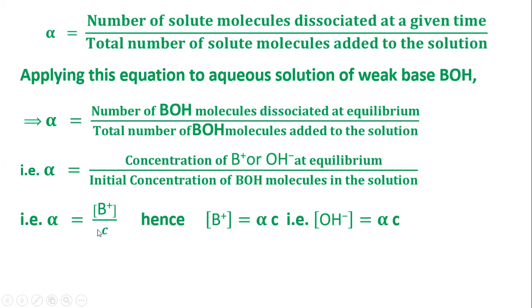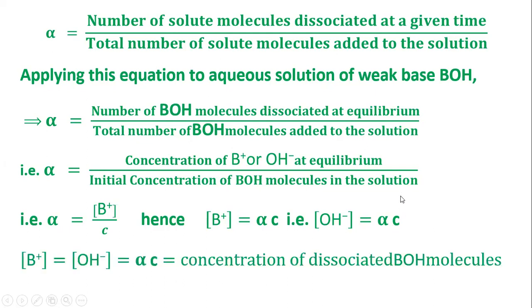Rearranging the equation, we get the concentration of B plus equal to alpha multiplied by C. Now, the same number of OH minus are also produced, and hence their concentration will also be equal to alpha C at equilibrium.